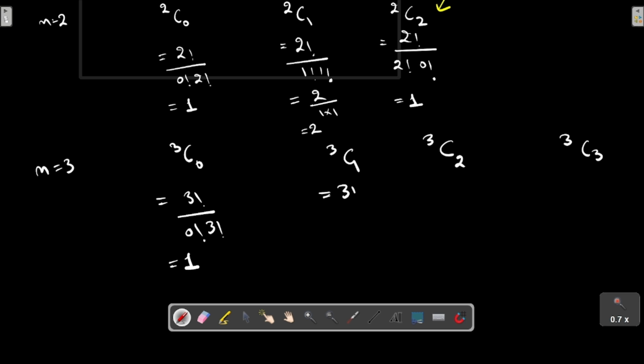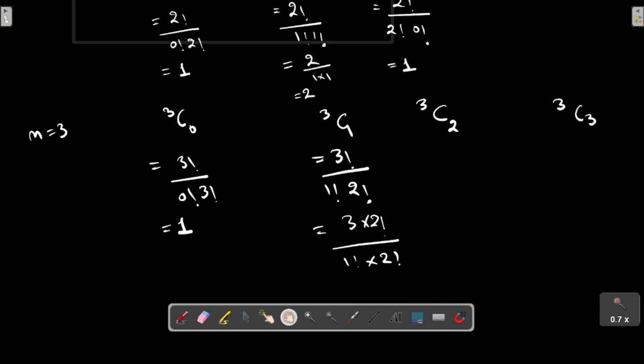This one is 3 factorial upon 1 factorial, 2 factorial. So that's basically 3 times 2 factorial upon 1 factorial times 2 factorial, and that's equal to your 3. For this one, you have your 3 factorial. Just write 2 factorial as it is. Then when you subtract the 2, it is your 1 factorial.